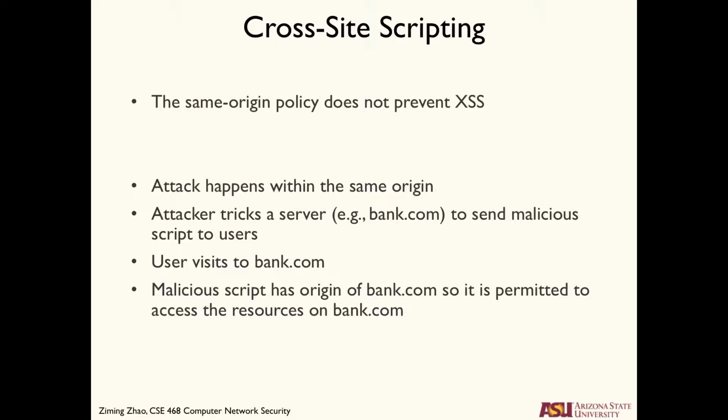In this case, the server could be a bank, could be a forum, to send some malicious script to a user. So when the user's browser receives this script, it believes this script is coming from the legit bank or the forum, not from any attacker. But actually, it was injected by the attacker in the first place.